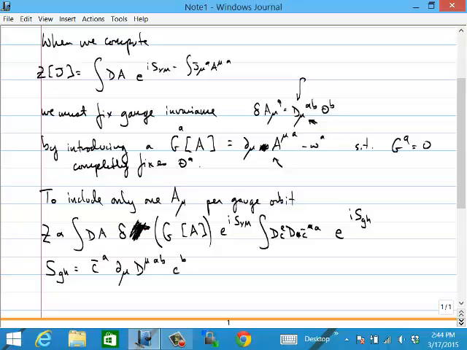And to compute that determinant, we just introduce a new field whose kinetic term is precisely the operator whose determinant you need to compute. So this is the Faddeev-Popov procedure.